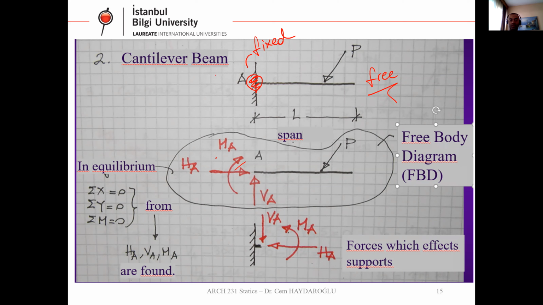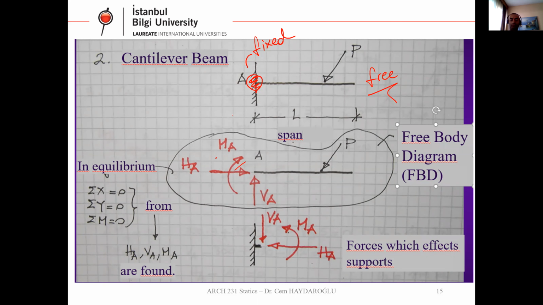Instead of this support, we are putting support reactions at the left end, and you can see the unknowns: vertical A, horizontal A, and the moment MA. So these are the unknowns. How can we calculate them?